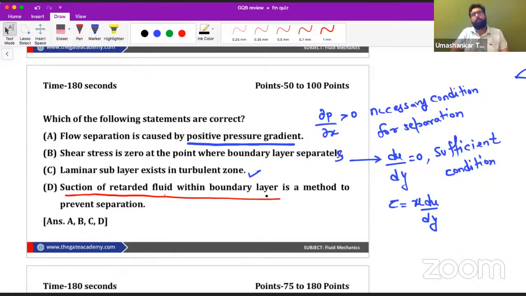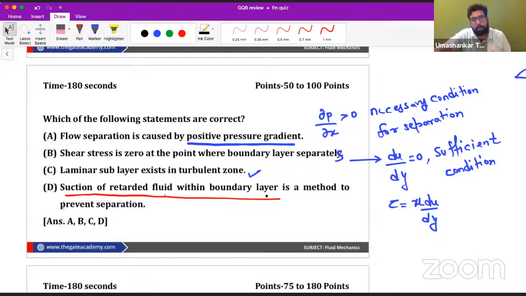Now, if we do the suction of retarded fluid, that means the fluid which has very low velocities, or whose velocity is decreasing with the flow, then by doing the suction of it, definitely you can avoid the separation, because then velocity will not decrease, which is the main reason for the separation. So this is also correct.